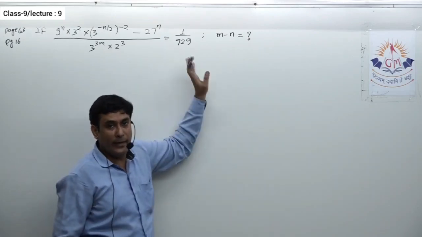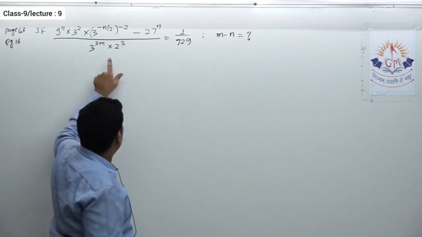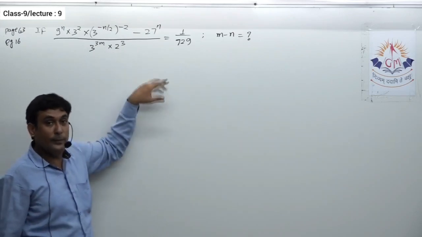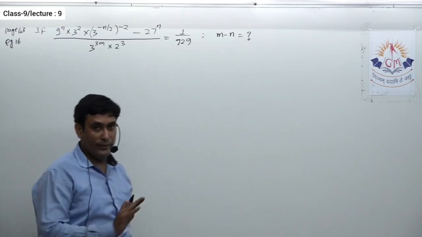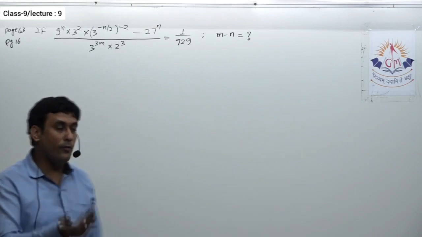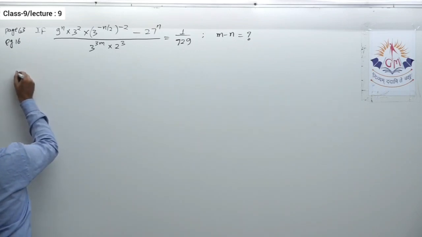This is divisible by 9 also, so it is possible to write this term in the power of 3. Only this term might make some trouble, or might be this makes the question a little bit easier. So the very first thing, we'll start converting the terms in the power of 3. Okay, so this is the first step.